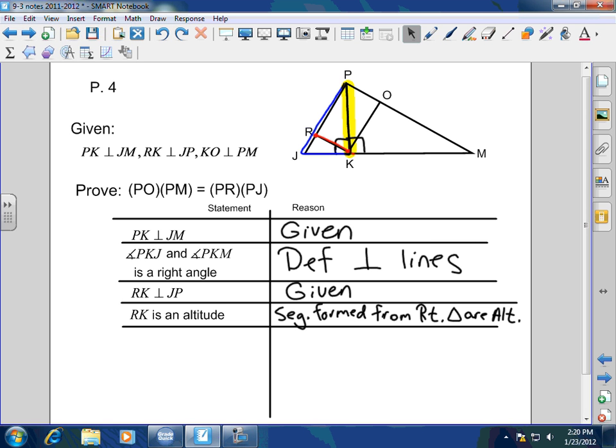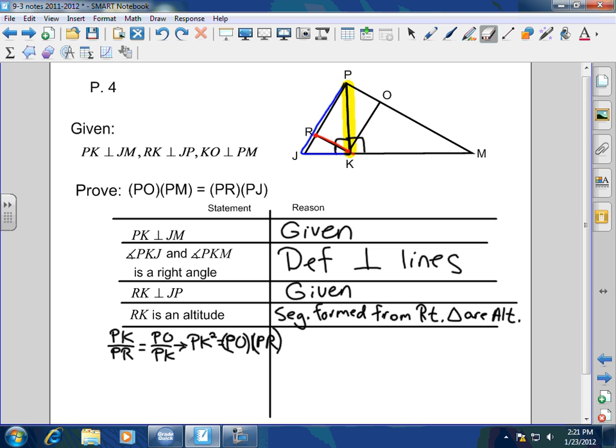So can't I say that PK to PR equals PO to PK, giving me that PK squared equals PO times PR?